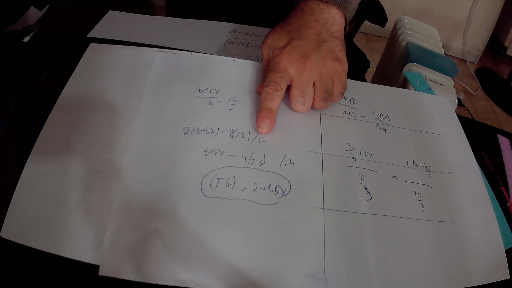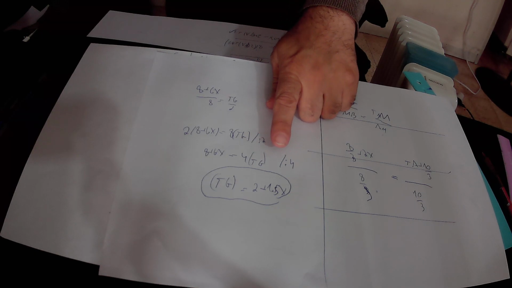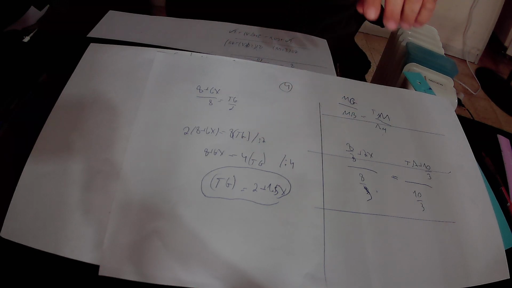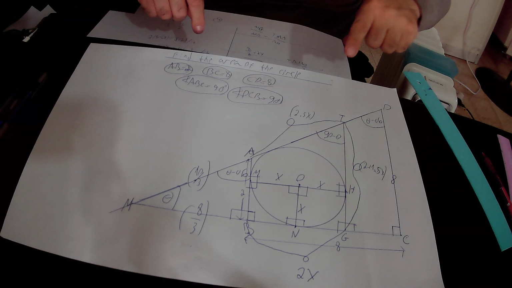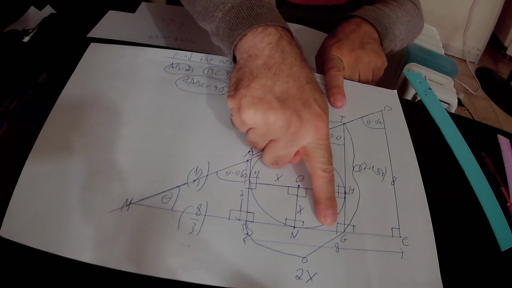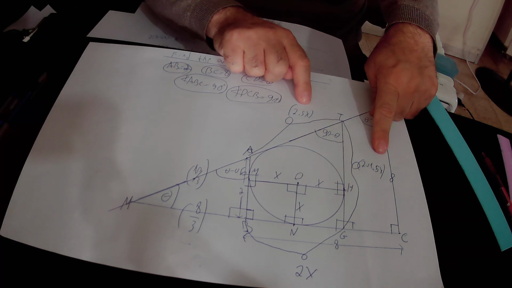Then we divide by 4 and find that TG equals 8 over 4, which is 2, and 6x over 4, which is 1.5x. So in total TG equals 2 plus 1.5x. Repeat again: this segment TG equals 2 plus 1.5x in its length.